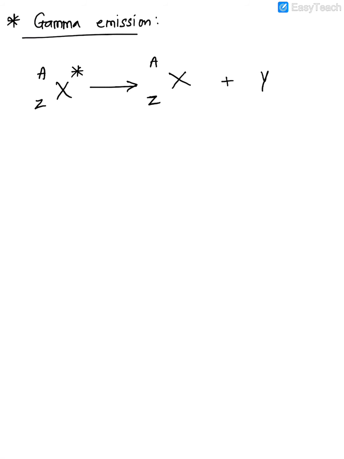In a gamma radiation, basically the nucleus is unstable, so it has extra energy in itself. That extra energy is given out in the form of gamma radiations, and the atomic mass and the atomic number of the nucleus will remain the same. So there is no change in the number of neutrons, protons, nothing. They all remain the same. So you don't see any change in the mass number as well as the atomic number.